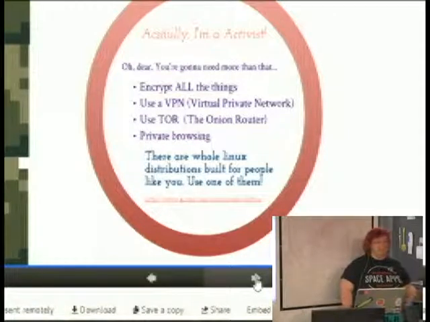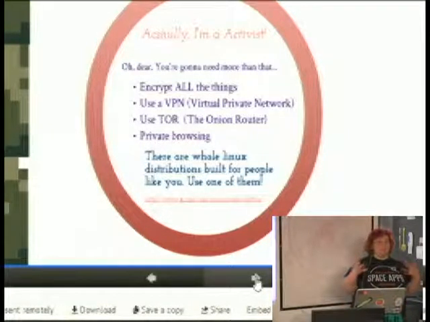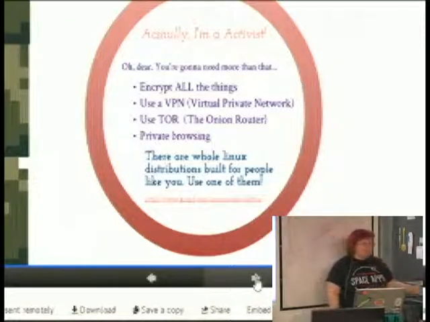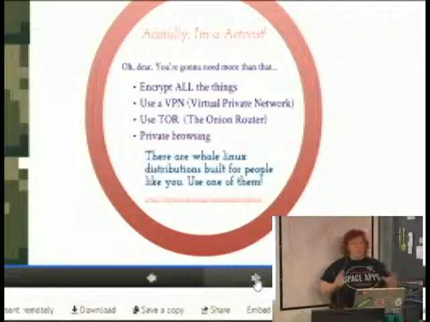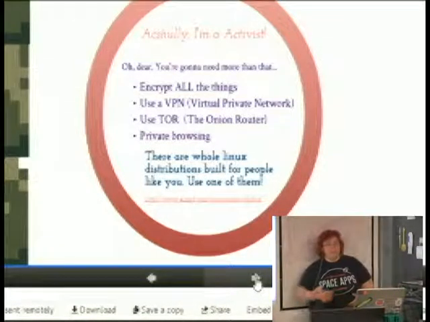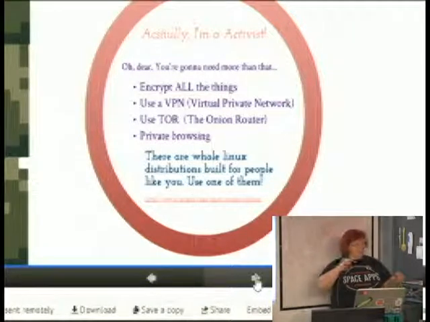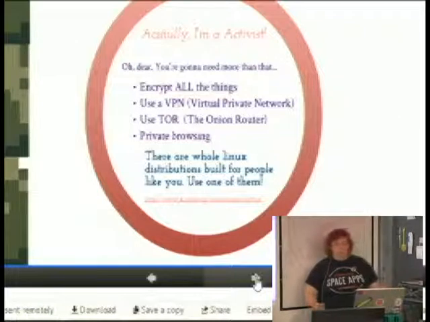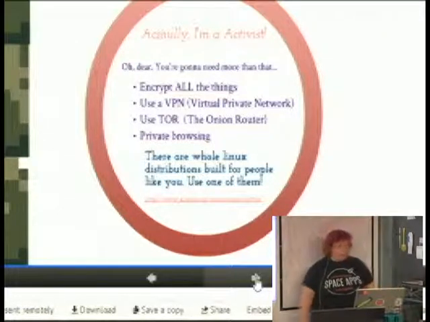Encrypt everything, and then encrypt the things that you've encrypted. Use virtual private networks so that nothing exists out on other people's public networks. Use the onion router to hide your identity. Use private browsing whenever you're doing private things, obviously.